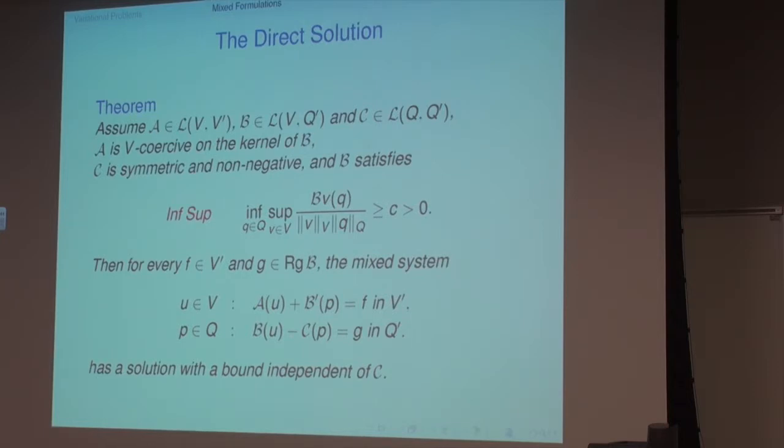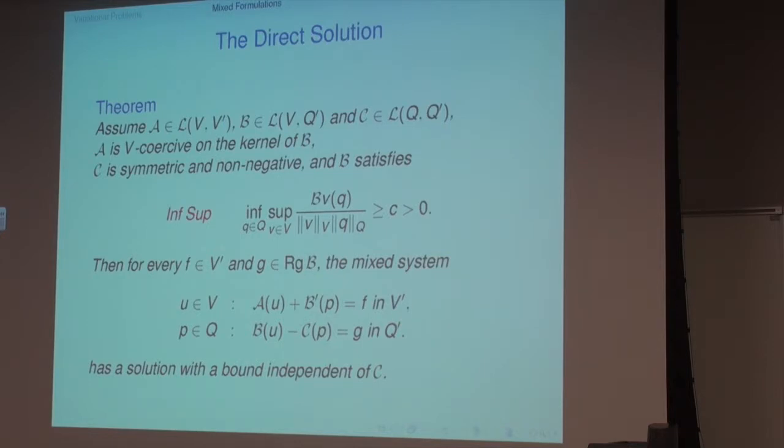Here's one example of such a theorem. I'm given the pair of operators A, B, and C, so I have 3 operators. Only C is required to be symmetric. Certainly not B, and A need not be. In particular, A need not be symmetric.